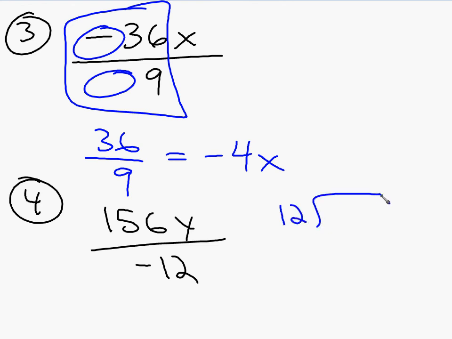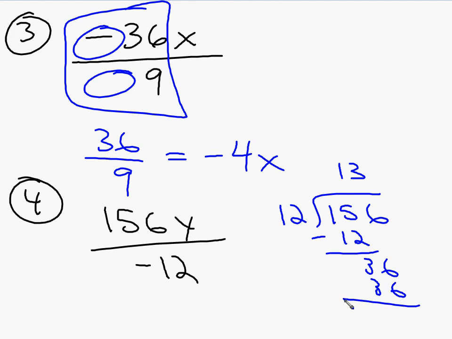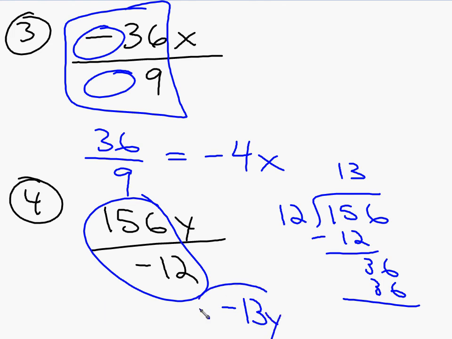So let's do 12 into 156. 12 goes into 15 once. Subtract. It goes into 36 3 times. So 156 divided by 12 is 13, but isn't it a positive divided by a negative? So that's going to be a negative 13, and the y comes along for the ride.